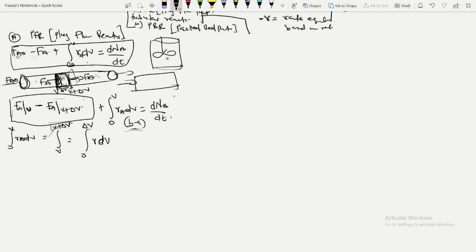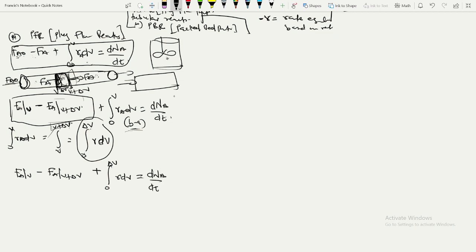So the mole balance for plug flow reactors will now be FA entering at this volume minus FA leaving at V plus change in V, plus our generation term, which now becomes the integral from 0 to change in V of R dV, and this is equal to the rate of accumulation.